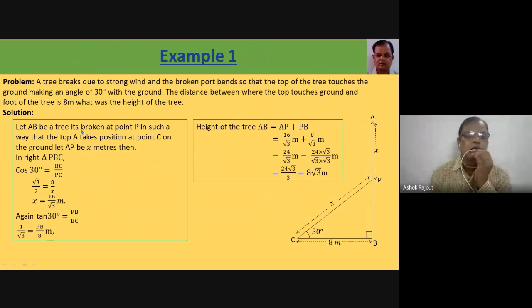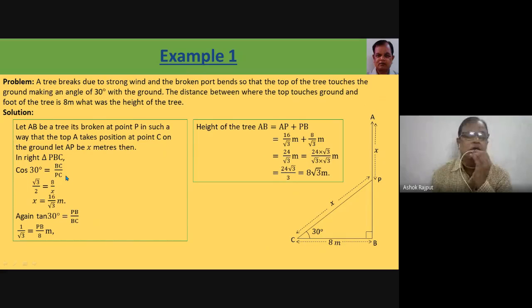Let AB be the tree, broken at point P in such a way that the top A takes position at point C on the ground. Let AP be x meters, then in right triangle PBC, now we are seeing PBC, cos 30 equal to BC upon PC.